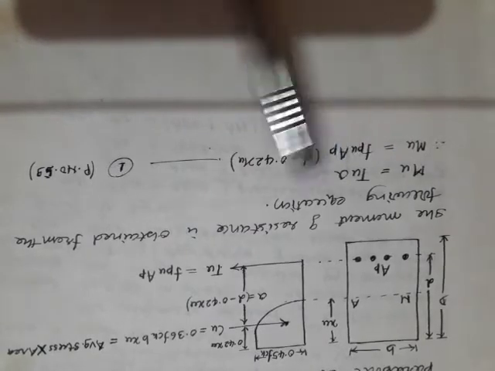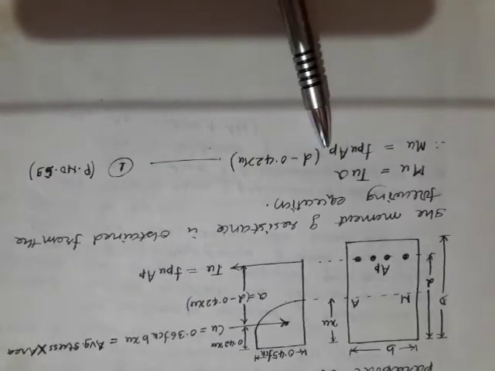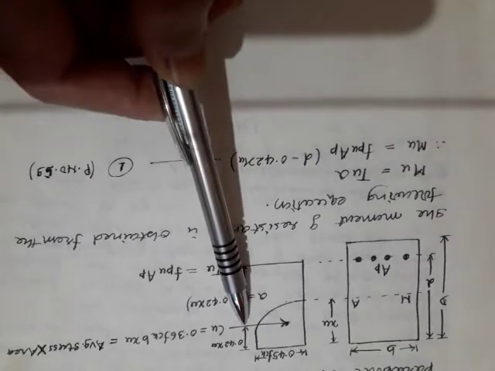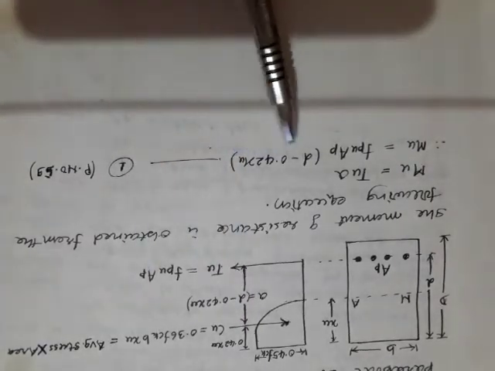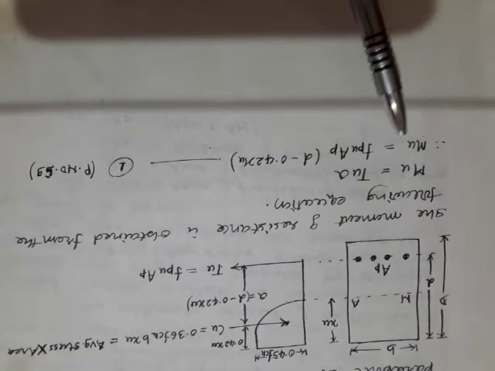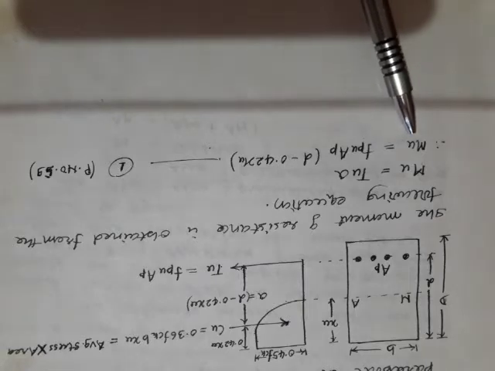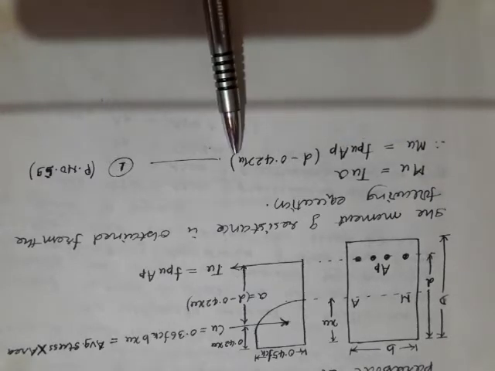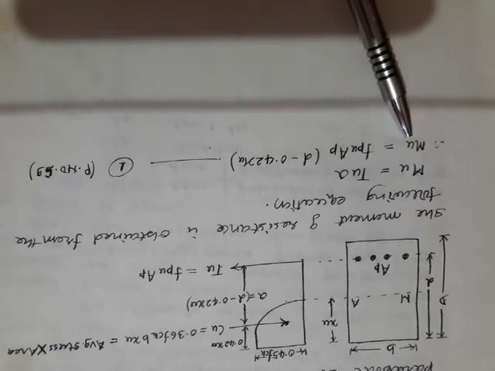TU can be written as FPU into AP, and the lever arm can be written as D minus 0.42 XU. So Mu is equal to FPU AP into D minus 0.42 XU. This equation will give you how to calculate the ultimate moment of resistance.